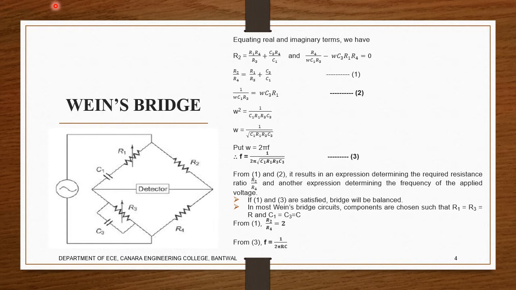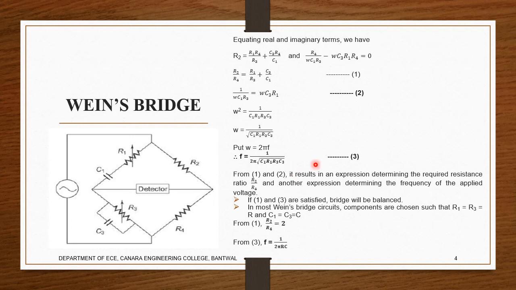So omega is equal to 1 by square root of C1 R1 R3 C3. We know omega is equal to 2 pi f. Therefore f is equal to 1 by 2 pi into the square root of C1 R1 R3 C3. This is the equation we need to find.